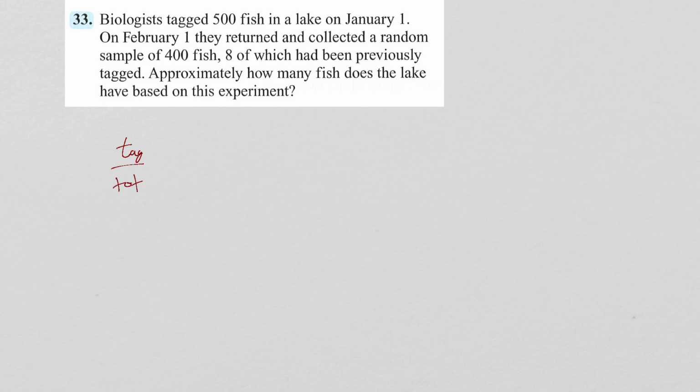Okay, so right now 500 fish have been tagged out of a total number of fish in the population. We don't know how many that is, but later they went and they caught a sample population. 8 of them have been tagged over a total of 400 that they caught.